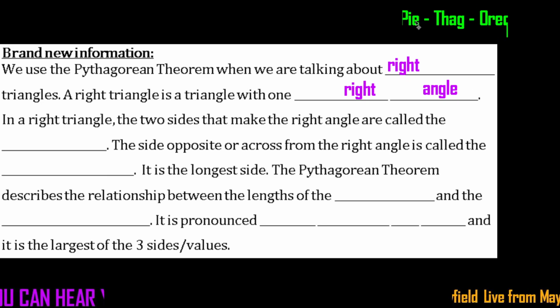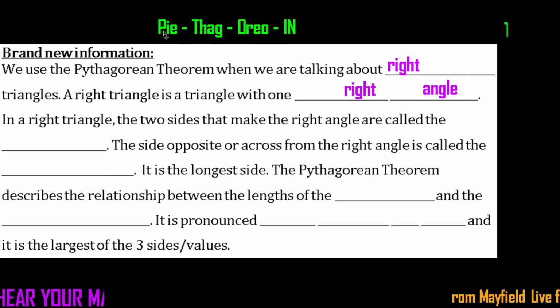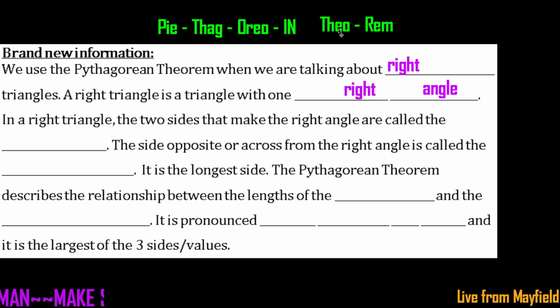Again, the way to pronounce that is like this: Pythagorean Theorem. So again, Pythagorean Theorem is what we're talking about. A right triangle is a triangle with one right angle. In that right triangle, the two sides that make the right angle are called the legs.